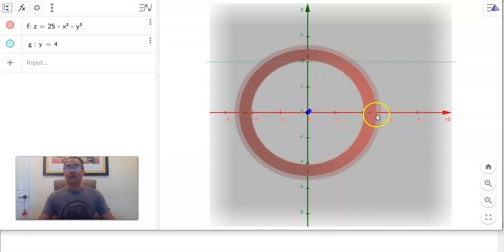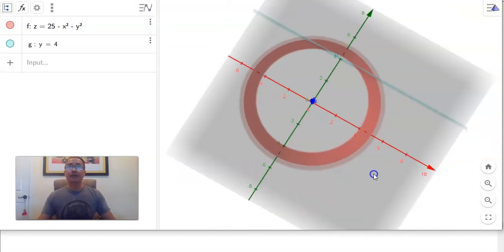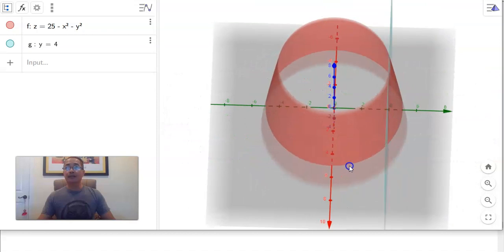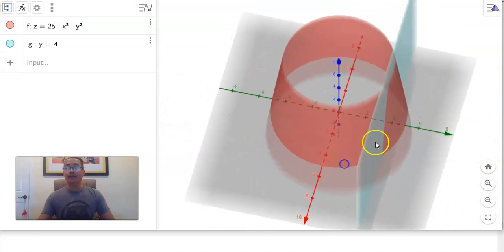Okay, the usual circle of radius 5, that's just r equals 5. And of course the function that we are integrating is exactly the same. This is still z equals 25 minus x squared minus y squared, but the domain is a lot smaller.